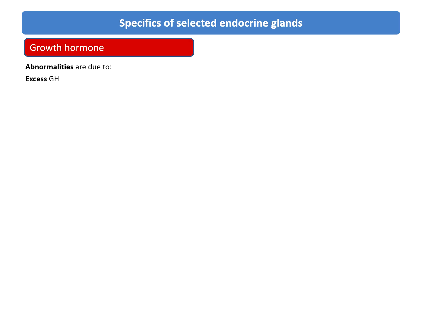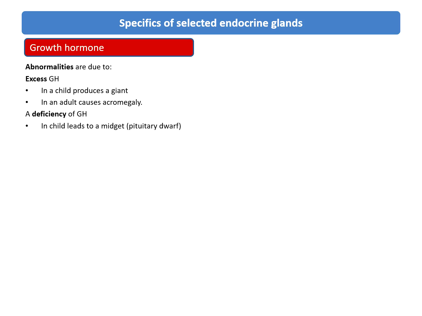Let's look at some abnormalities. Excess growth hormone in a child will produce a giant. In an adult, it causes a condition called acromegaly. In this condition, the bones of the face and the hands continue to grow thicker, and it gives the person a bit of a grotesque look. Movie makers have used this to create monsters in monster films.